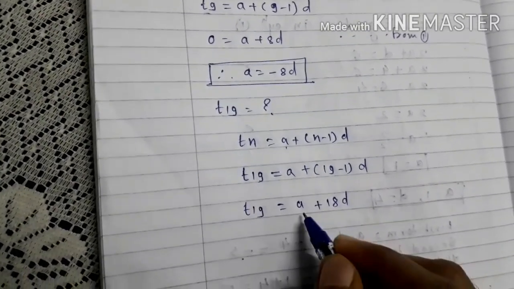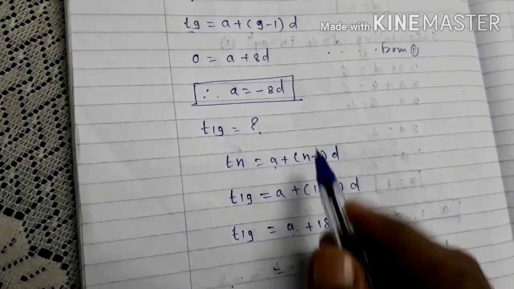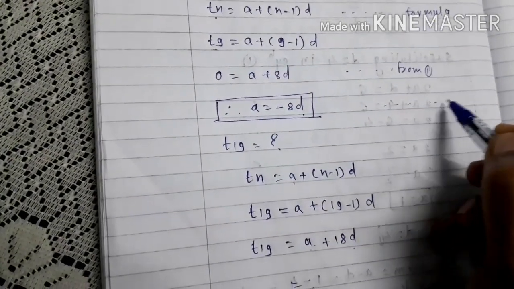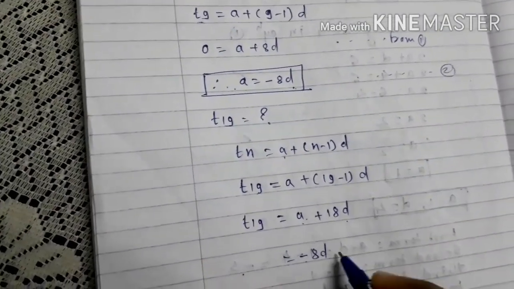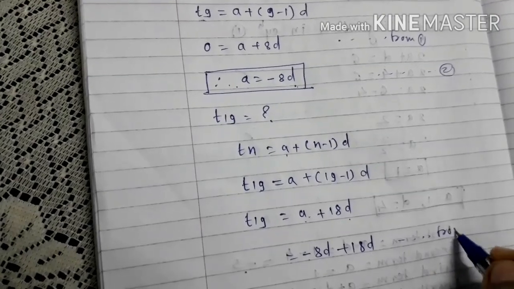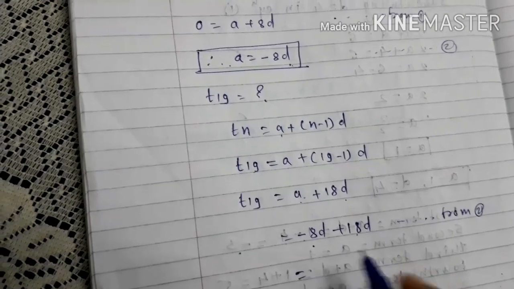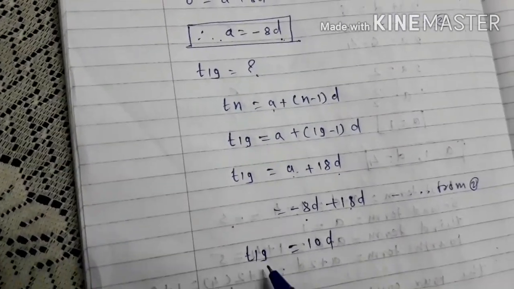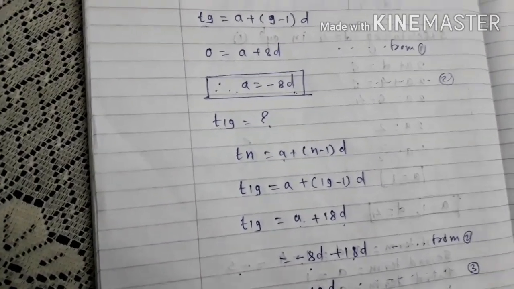So T19 is equal to a plus 18d, but a is equal to minus 8d from 2. So minus 8d plus 18d is equal to 10d. So T19 is equal to 10d. Suppose this is equation 3.